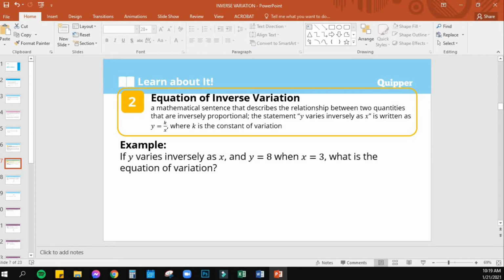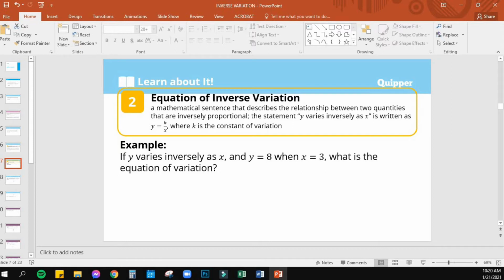So the statement is that if y varies inversely as x, it is written as y is equal to k over x. Where k is the constant. So same variable din ang ginagamit natin to determine the constant. K stands for the constant.